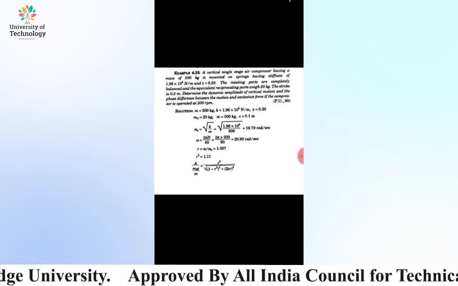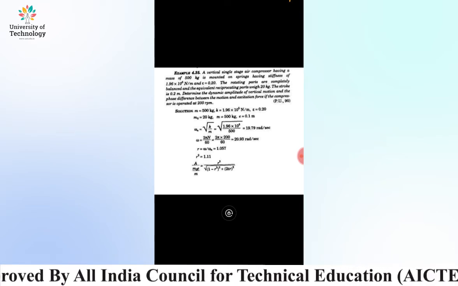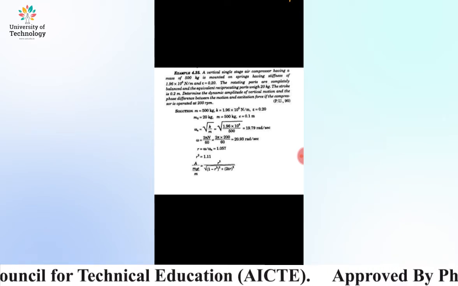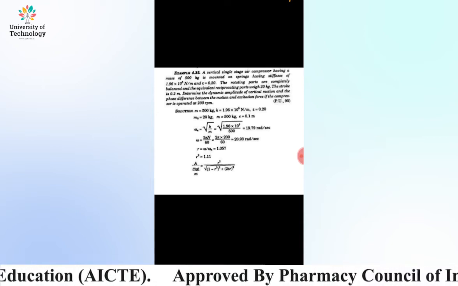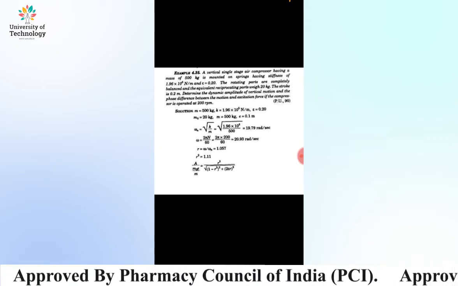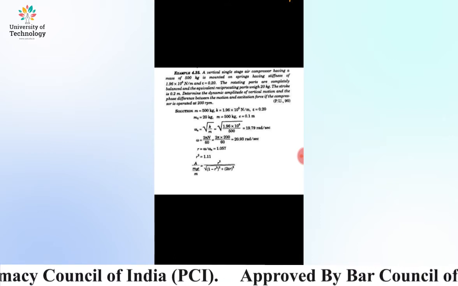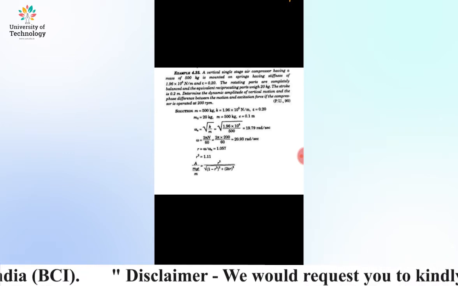Omega is equal to 2 pi n divided by 60, where n is equal to 200 rpm, so the value of omega will be 20.93 radian per second, and the ratio of omega by omega n is equal to 1.057, and the square of this is equal to 1.11.